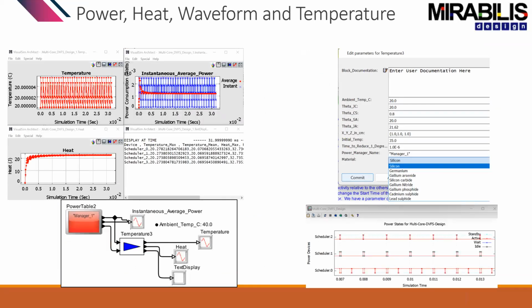Now, we also saw the basic elements of power, which is the voltage, the statistics regarding performance and all of those attributes. Now, in addition to that, we can also get temperature and heat. So this gives you kind of an overview of where is going to be the heat and temperature for my particular system.